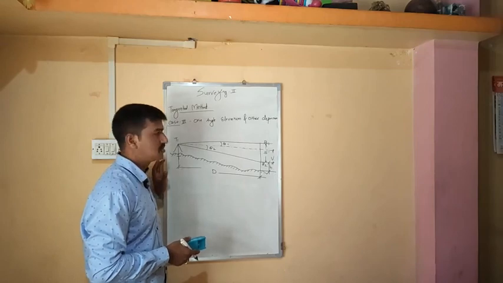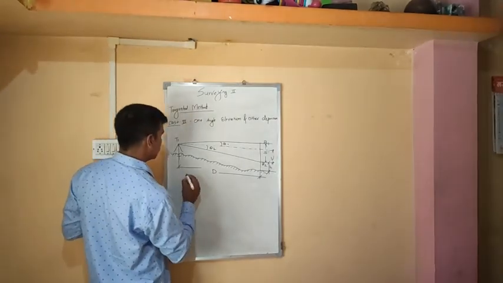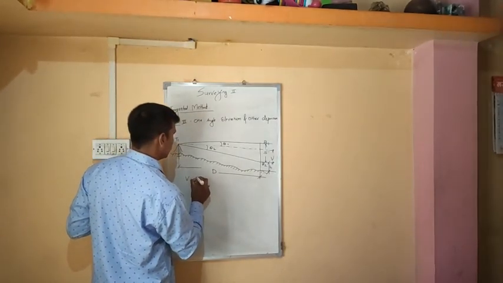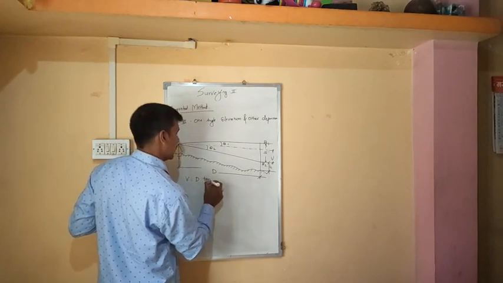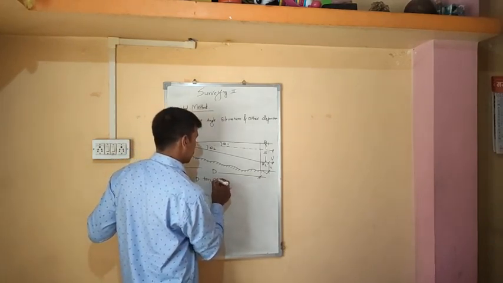We have seen case number 3, elevation angle and depression angle. V will be equal to D into tan of theta 2.